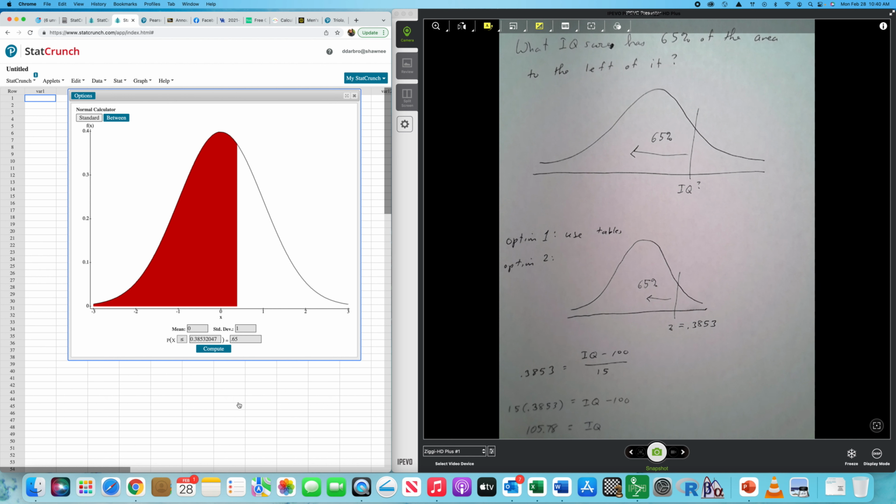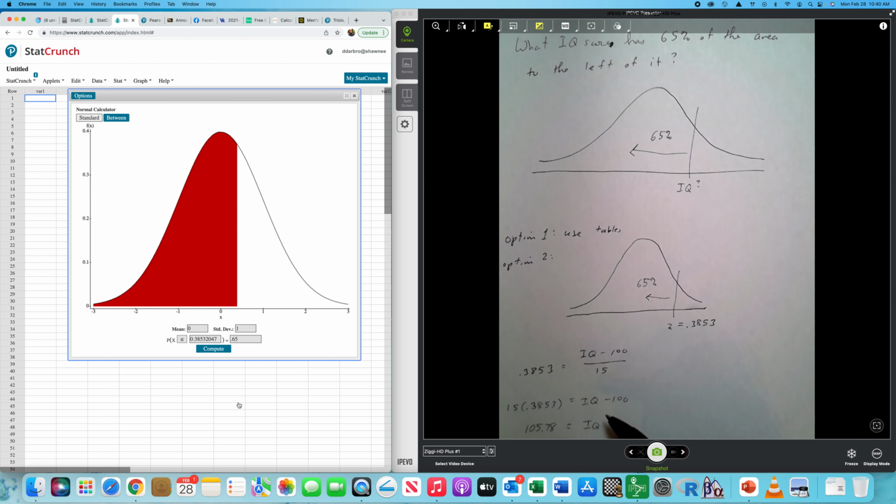So that's a z-score. What I can do next is insert 0.3853 in the z-score formula. Remember, z equals x minus mu over sigma, and put the IQ there that I'm trying to find that corresponds to the z-score. Do the algebra. It's not that hard, but I'll find an IQ of 105.78.